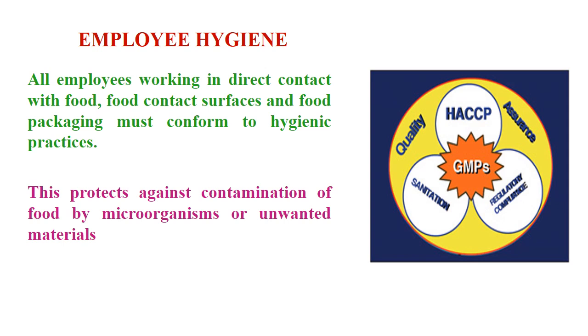So employee hygiene plays a very important role in maintaining good manufacturing practices, and GMP is at the center, in which HACCP, sanitation and regulatory compliance come in to finally keep the good product.